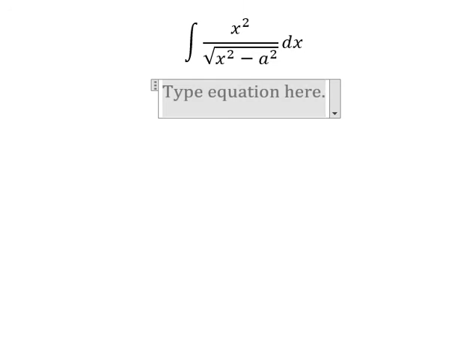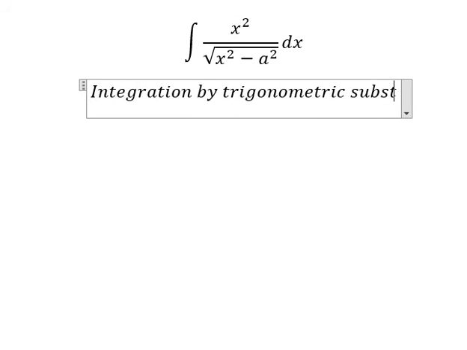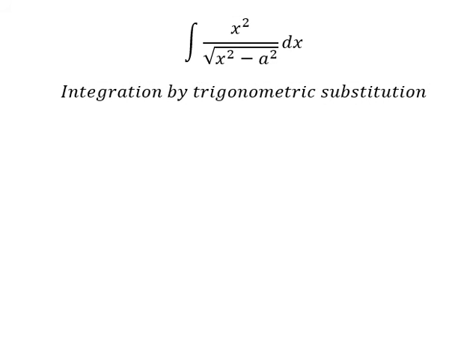We need to use integration by trigonometric substitution. So I will put s equal to a secant of t, because if I put this one in here, you got a square secant of t square, a square.